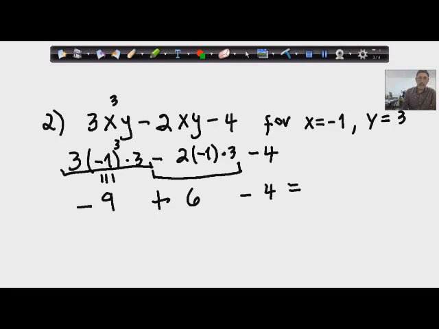And we have here minus 4, minus 9, and minus 4, that's minus 13, plus 6. Subtract 13 minus 6, which is 7, but the bigger negative number wins, and that's minus 7. Next one.